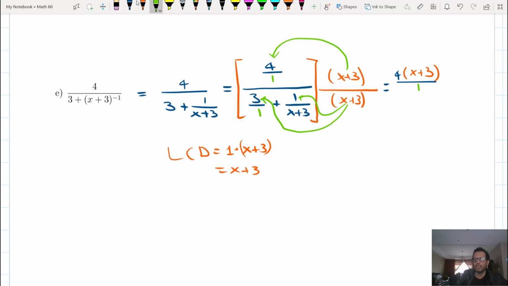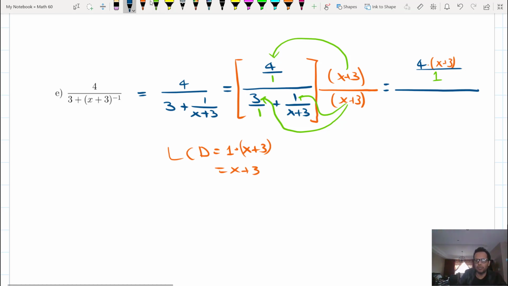So let me actually give some space here. Let me erase the whole thing right here. Let me do the 4 times x plus 3 times, divided by the invisible 1. This invisible 1 right here. And then, well, we're essentially done distributing with the numerator.